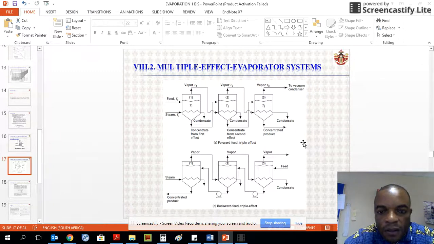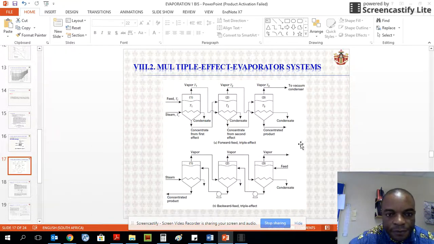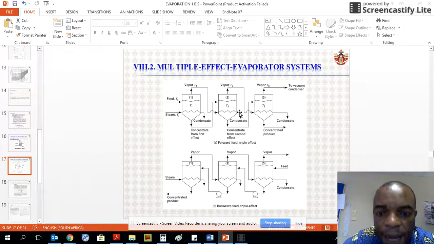Now, in the forward feed multiple effect evaporator, the vapor of the first effect, instead of being discarded, because it is still hot, is used to heat up. Instead of steam in the second effect, they use the vapor from the previous.